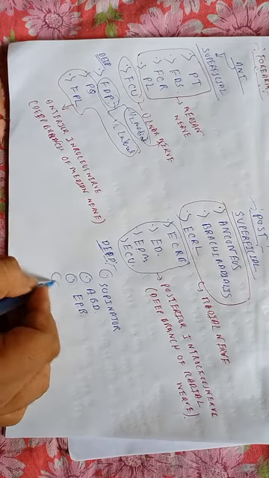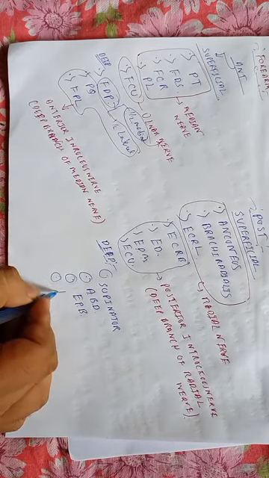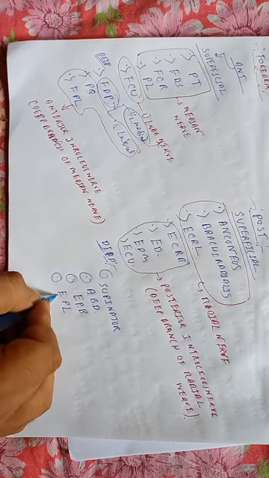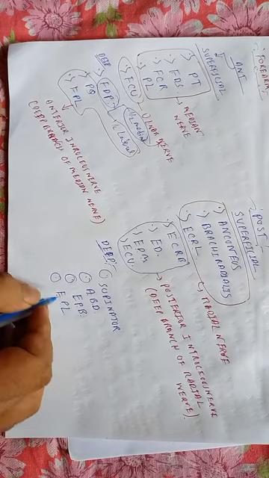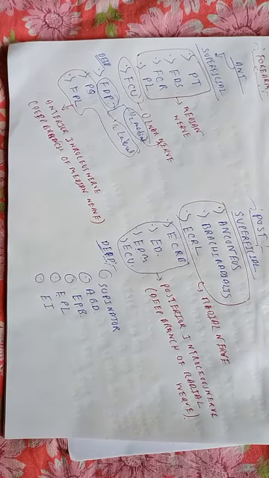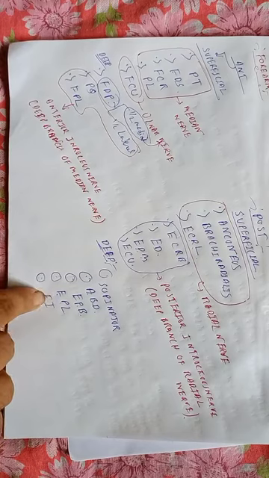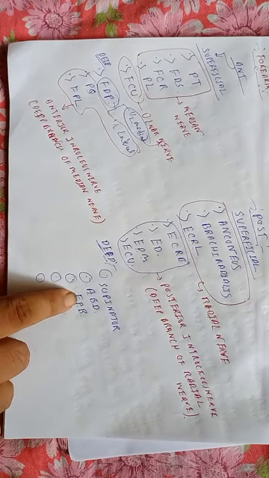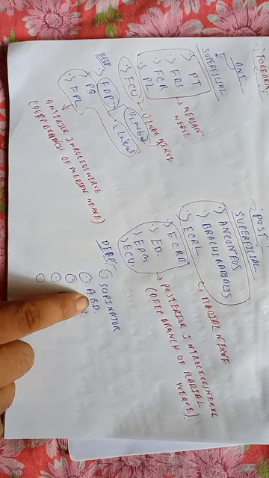Then you are having extensor pollicis longus, EPL. And we are having extensor indicis, EI, the extensor indicis. Extensor pollicis longus, extensor pollicis brevis, abductor pollicis longus.